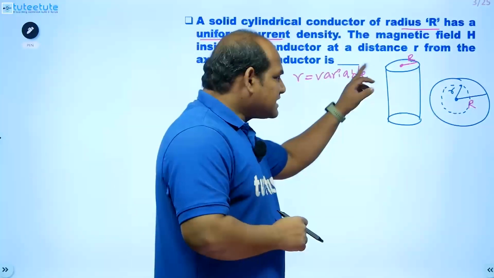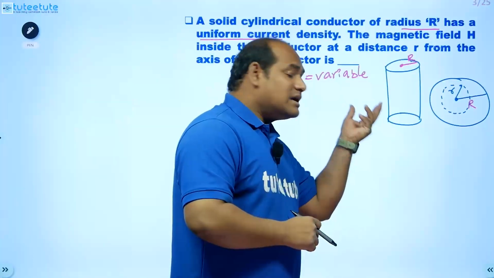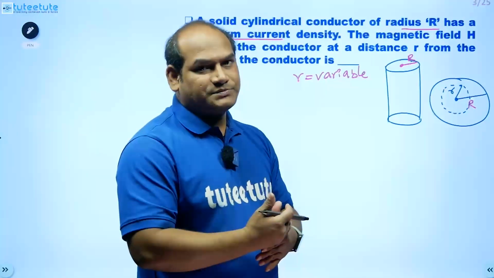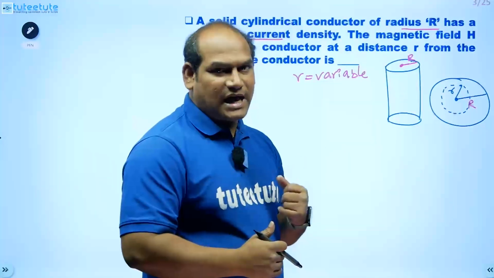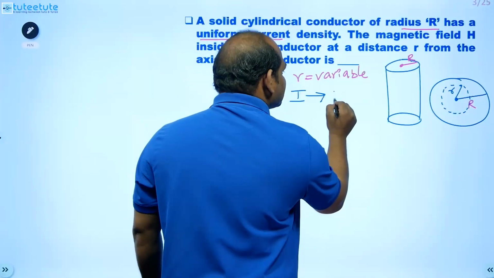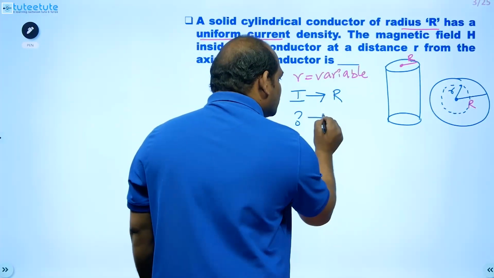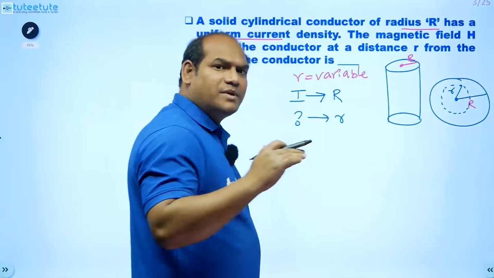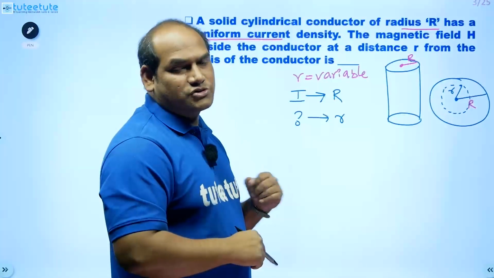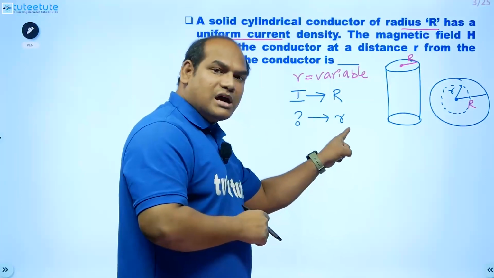So they have given one cylinder with radius capital R, and that cylinder has uniform current density or uniform current, which I am representing with capital I. That means capital I is related to the radius capital R. But what is the current related to small r? Small r can be any radius starting from 0 to capital R. So it is a variable. So the current related to small r is different.